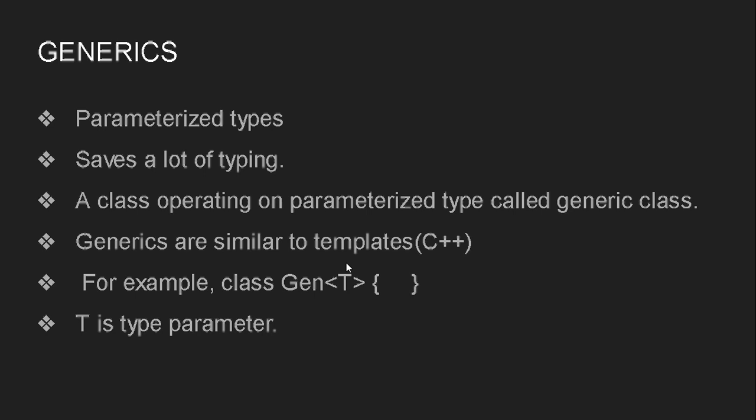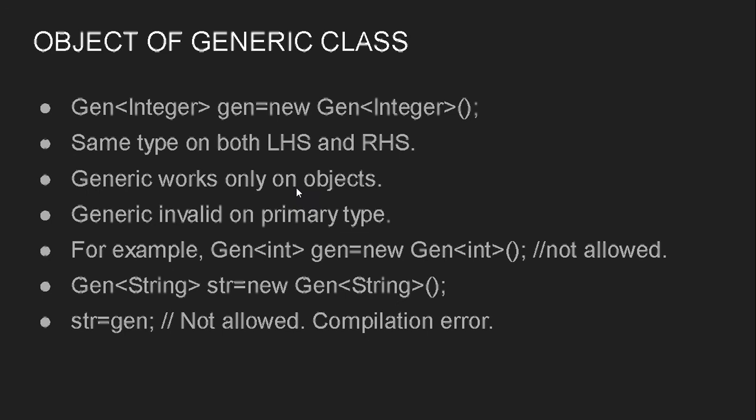Generics are almost similar to templates in C++, but they differ from each other in a lot of ways. Both of them are not the same. As usual, I already told you T is the type parameter. So let us go to the next slide.